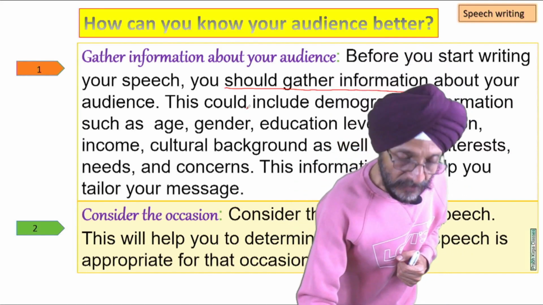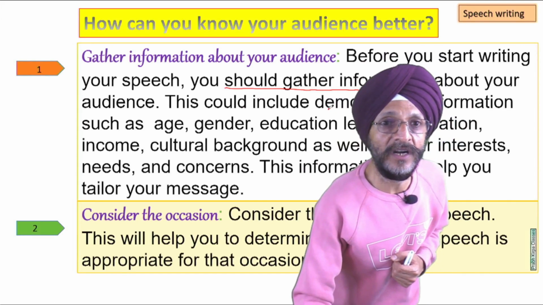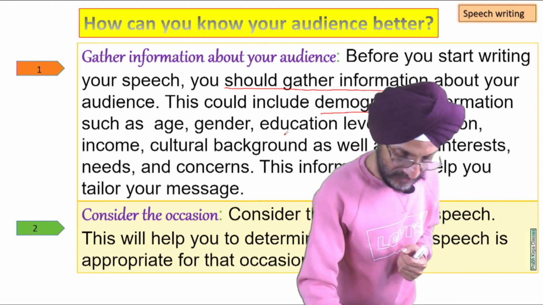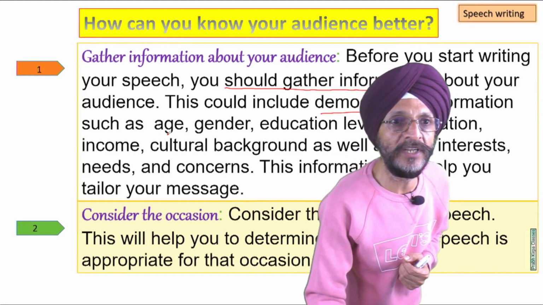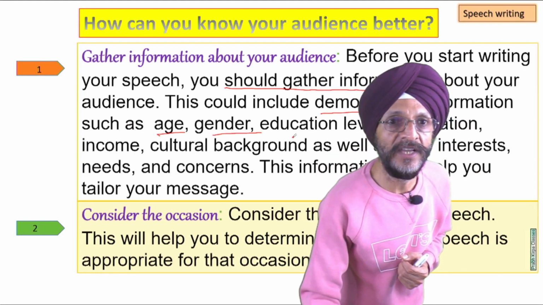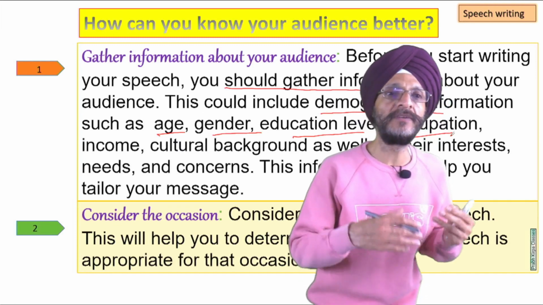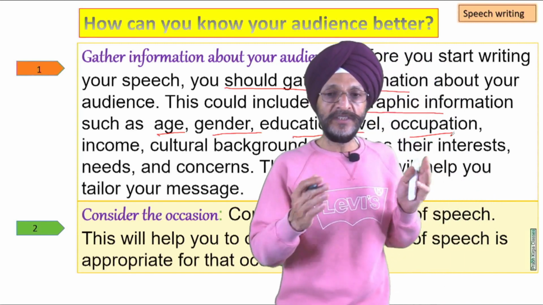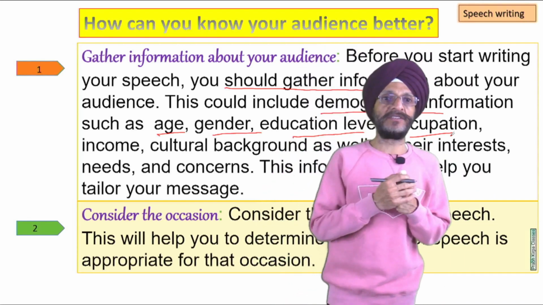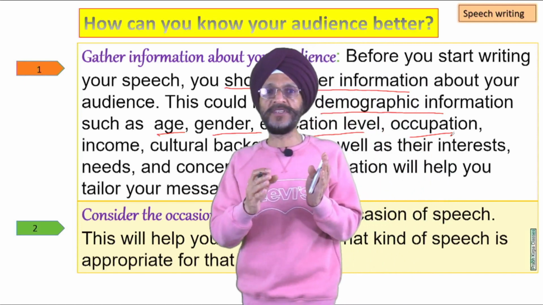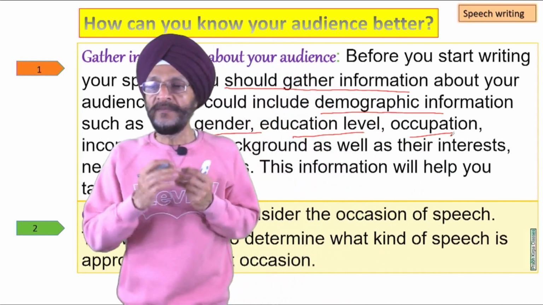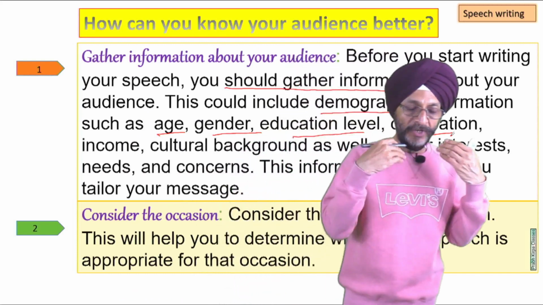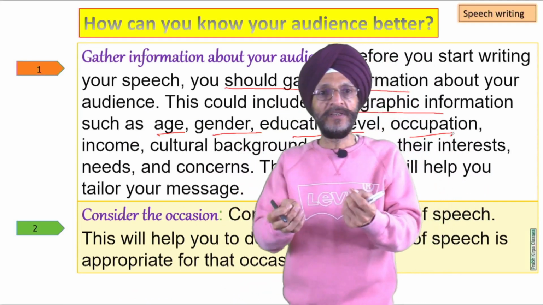You should gather information about the demographics of the audience, that is the information related to their age, gender, educational level, occupation, income, cultural background, their interests, needs, and their concerns. This type of information will help you tailor your message according to the requirements of the audience.